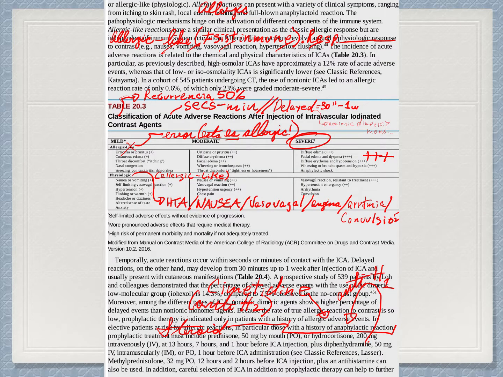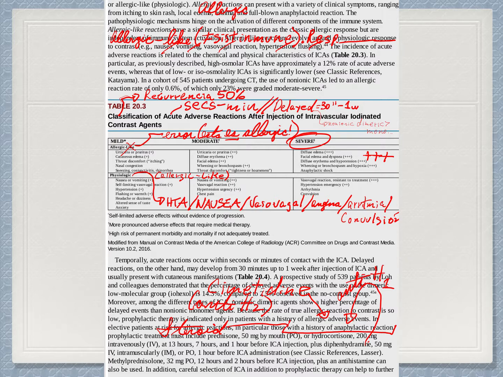And now we're talking about acute adverse reactions after injection of intravascular iodinated contrast agents. So let's focus on the table. You have, in general, allergic reactions and physiologic reactions. The allergic reactions are what you would think of with immune-mediated hypersensitivity.